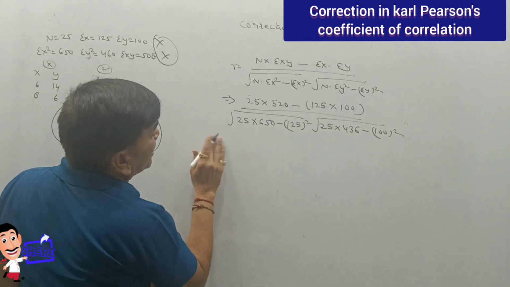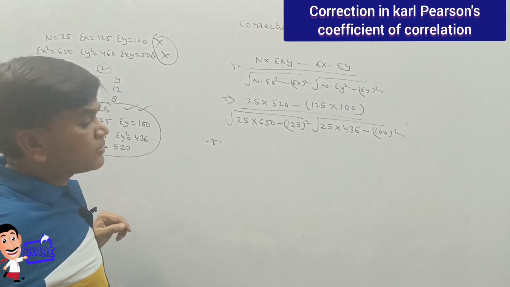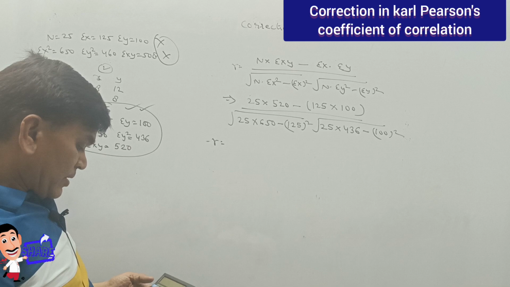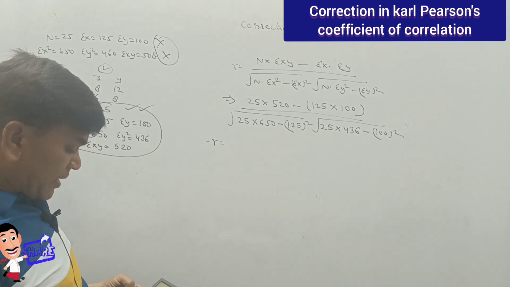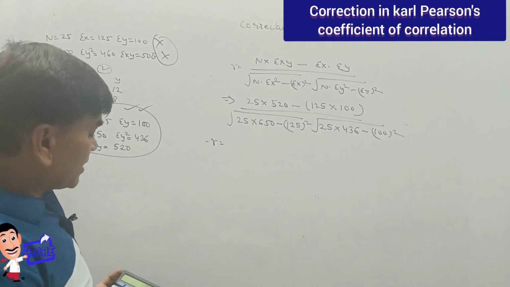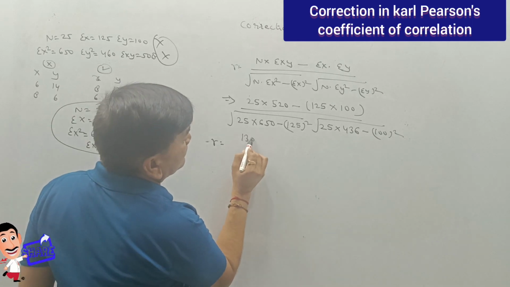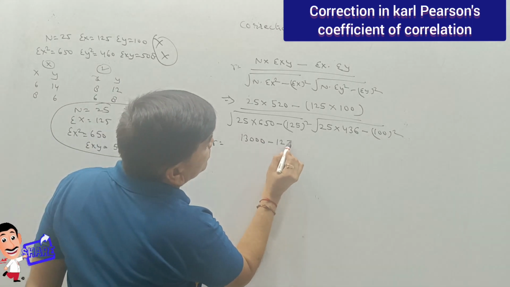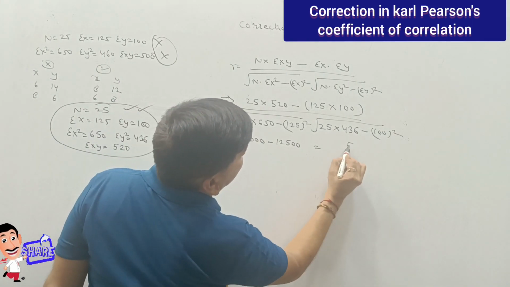So the value of r is equal to, we have to calculate this: 520 multiplied by 25, that is 13,000, minus 12,500. It means here we have 500.